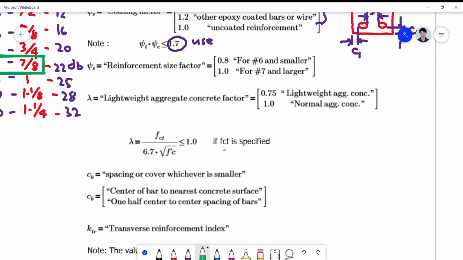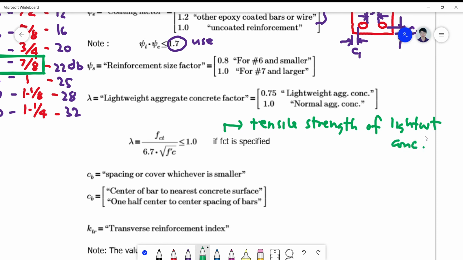Or if fct, the tensile strength of your concrete, not the steel, of lightweight aggregate concrete is specified, you use this formula. But this should not be greater than 1.